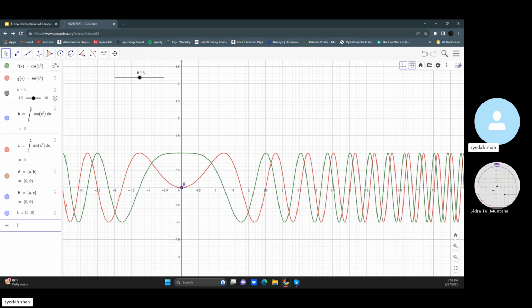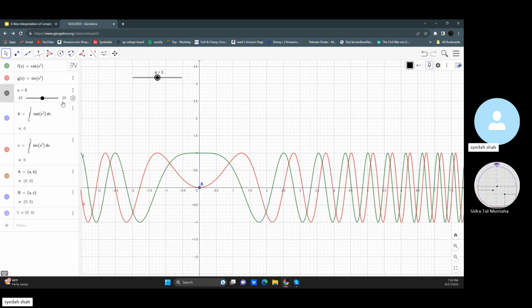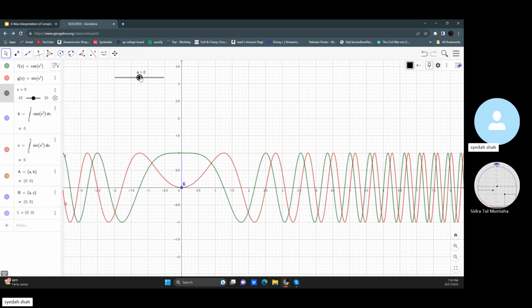Okay, and then I'm going to do the cosine first.